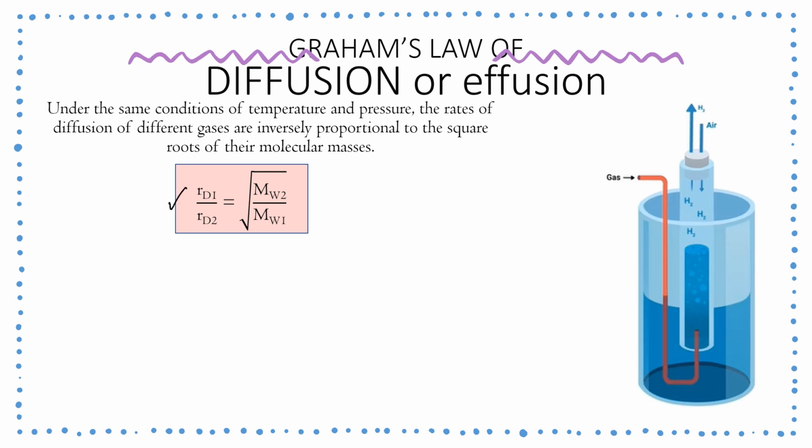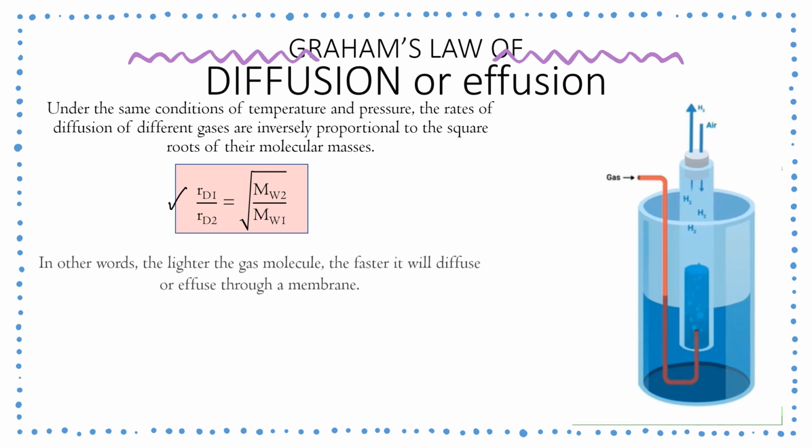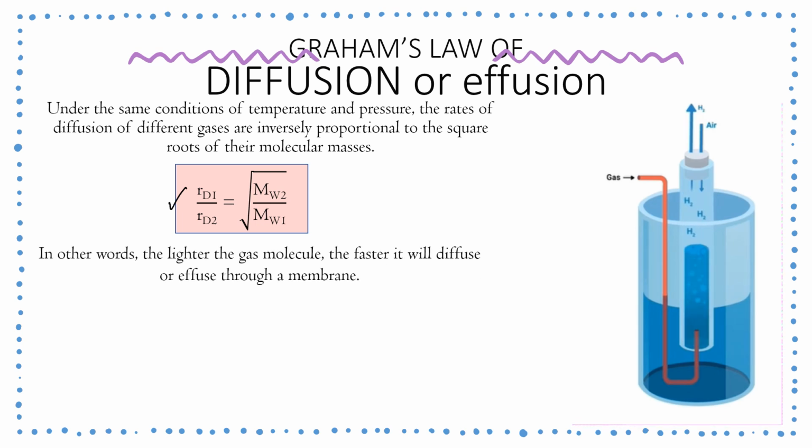The rate of diffusion of gas 1 over the rate of diffusion of gas 2 is equal to the square root of the ratio of the molecular weight of gas 2 to the molecular weight of gas 1. In other words, the lighter the gas molecules, the faster they will diffuse. From that relationship, we can see that it is inversely proportional.